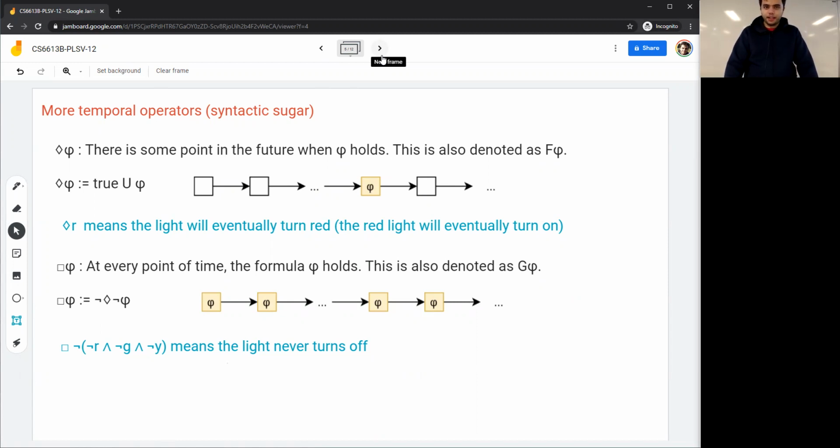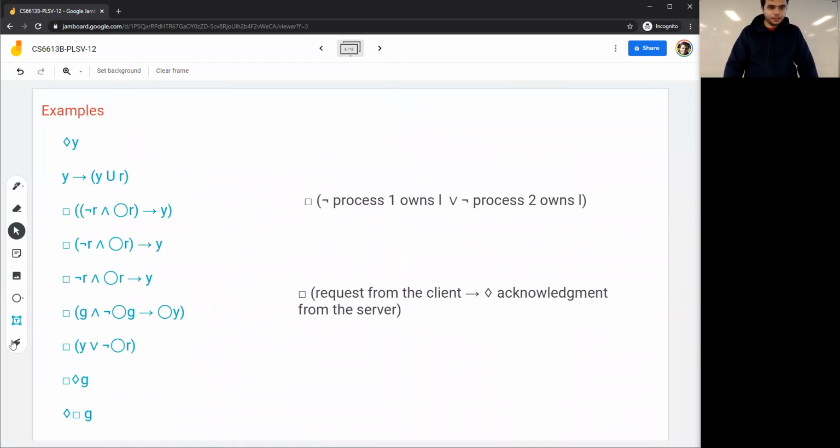Okay, so let's see some examples and let me ask you what each one of these do. So what does this one say? Please write in the chat or talk. So diamond Y, what does it say about our traffic light?